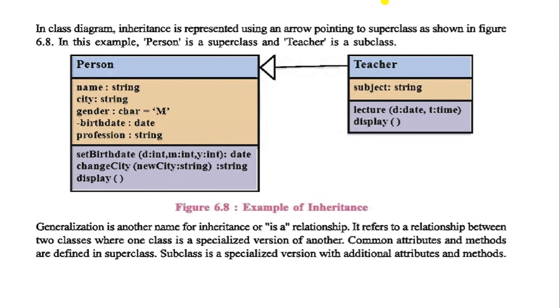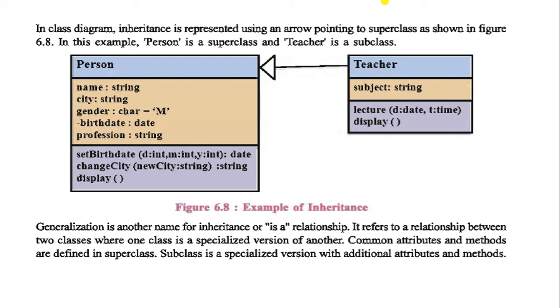All the attributes that are available in the person are applicable to the teacher also. So this is the simple inheritance, or you can say single inheritance.